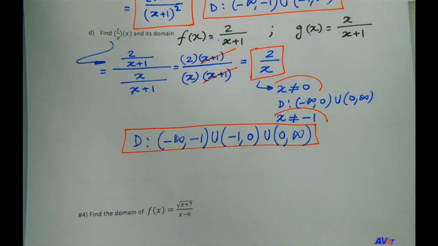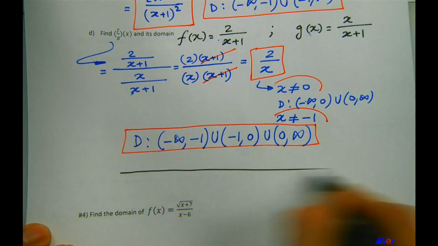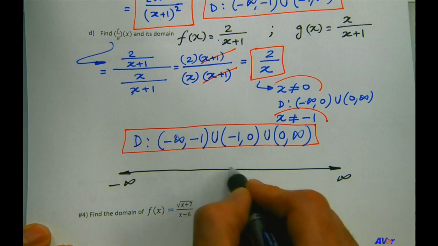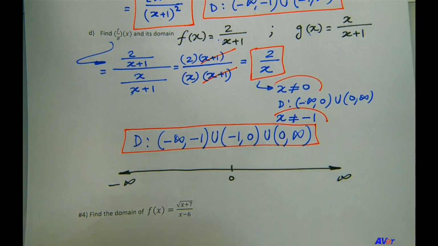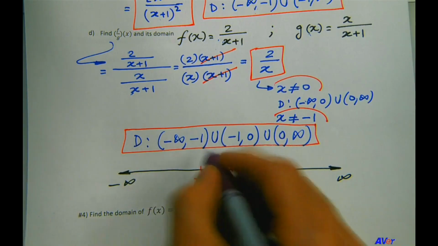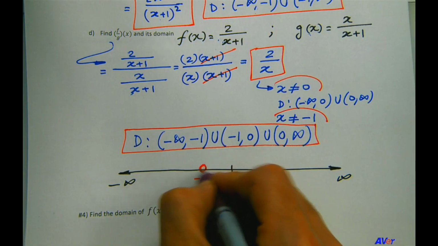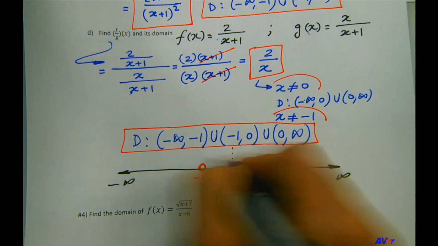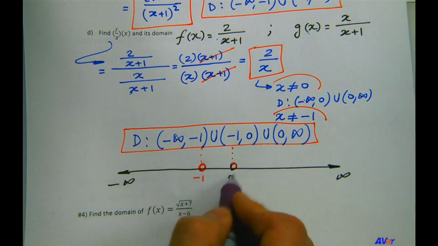Okay. So we can draw, if you wish, we can draw a graph of this as well. So both -1 and 0 should be excluded. These two numbers.